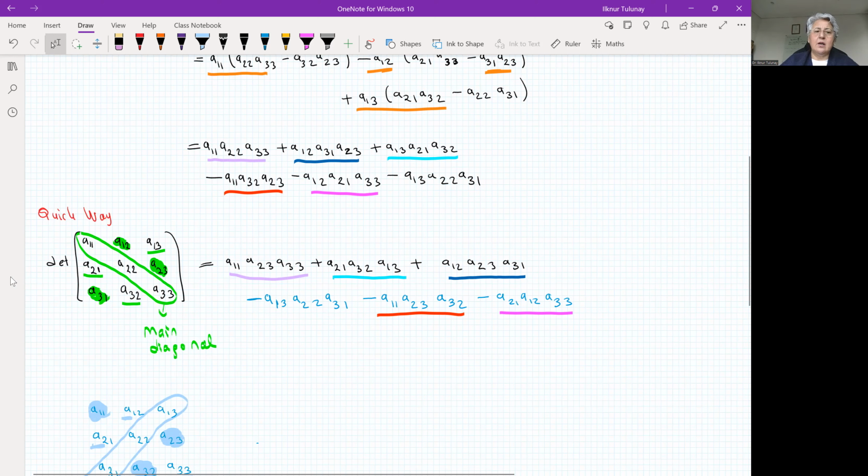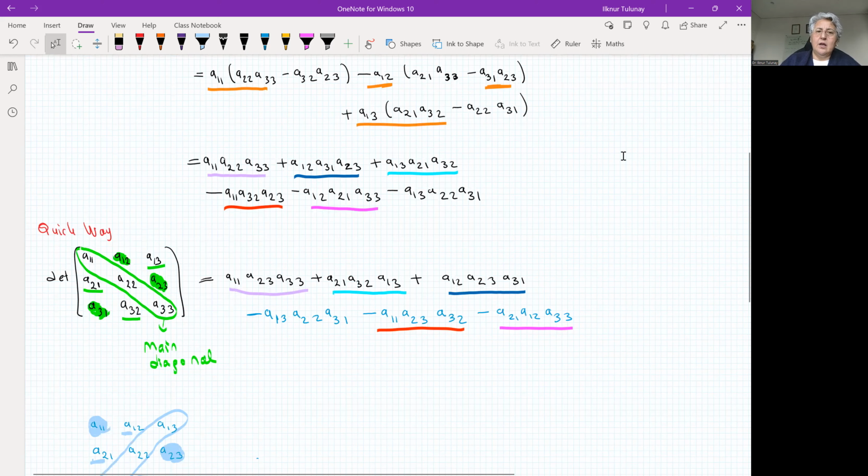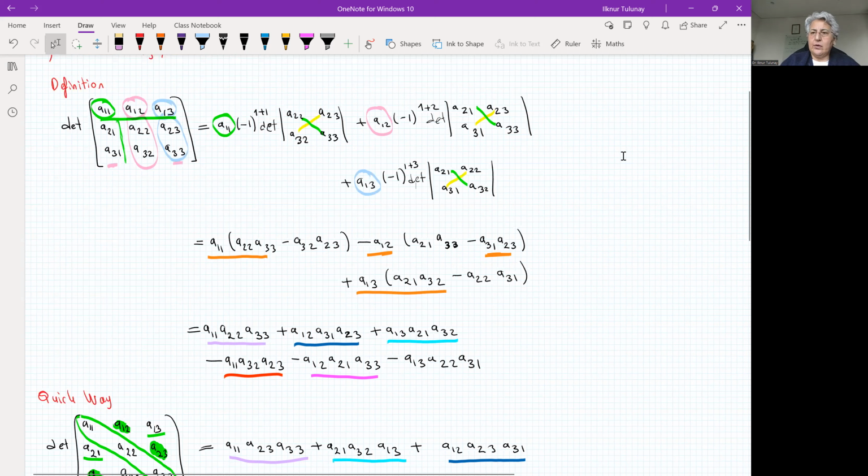As long as you can calculate the determinant of 3 by 3 matrices. Yeah, this is a quick way of doing it. This is from the definition of it. When you have the numbers, it will be easier to figure it out.